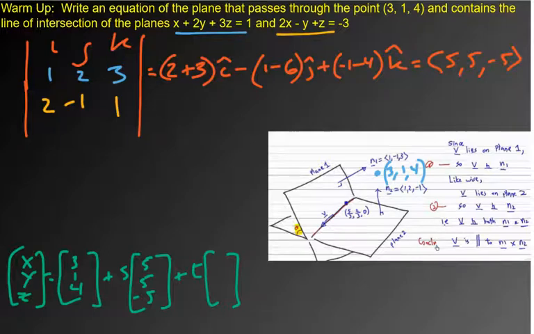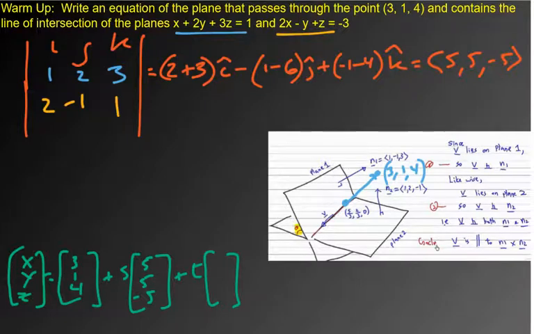If we connected this point (3, 1, 4) to a point down here in the line, we could get another direction vector. That direction vector would be in a different direction than the original one we just found that's in the line of intersection. And then we would be able to put that in here and have our equation of the plane. So that's what we're going to do.